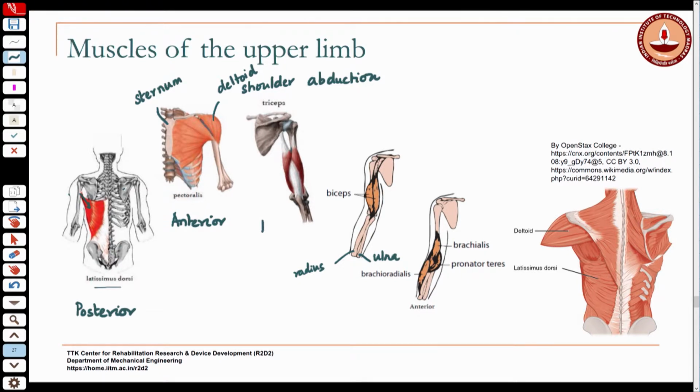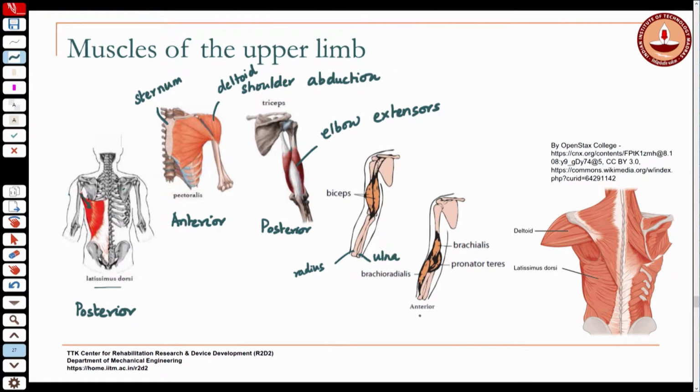This again is a posterior view, and for the forearm, you have the triceps, which are the elbow extensors. So, the triceps muscle causes extension of the elbow.